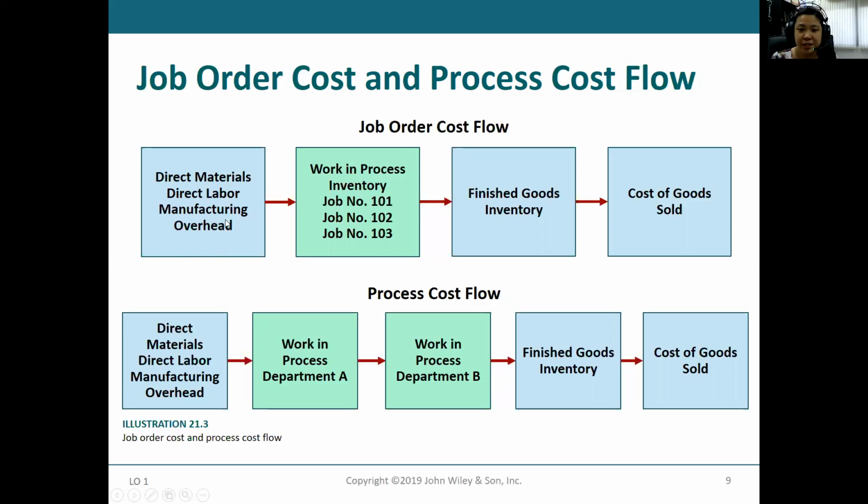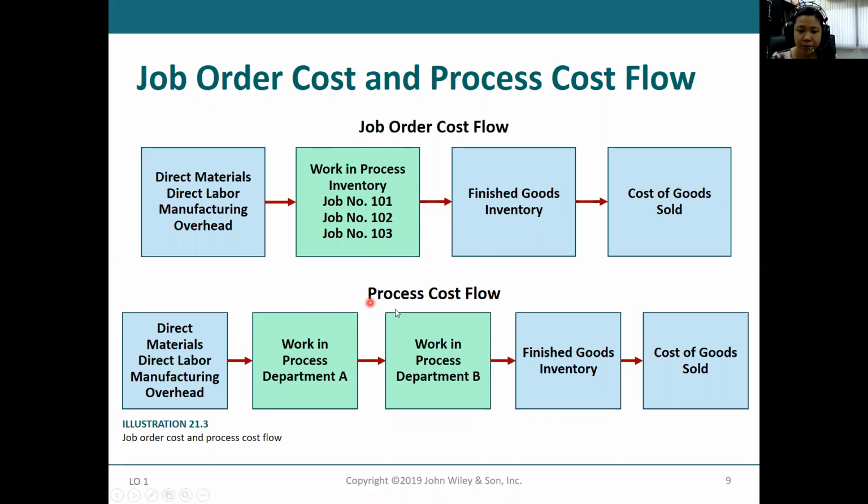When we use these costs in the production process, we will have work in process inventory for job numbers 101, 102, and 103. Then after we finish producing the product, the cost will go to finished goods inventory. And when we sell the products, it will become cost of goods sold.